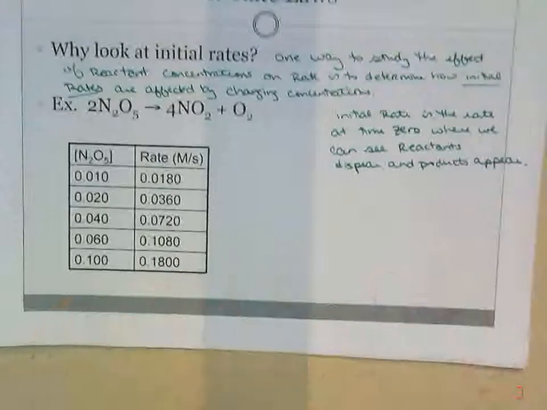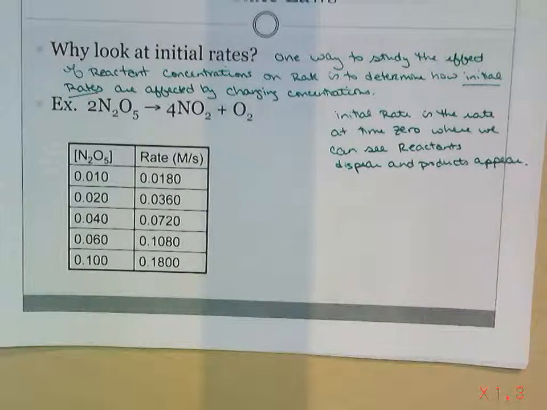You know exactly how much reactant you put in there, and there should be 0 product because the reaction just started. So the initial rate is time 0 to a few minutes in, so that you can watch the disappearance of reactants and the appearance of products without worrying about any kind of side reactions going on. So initial rates gives us the most information about how fast the reaction is going to proceed.